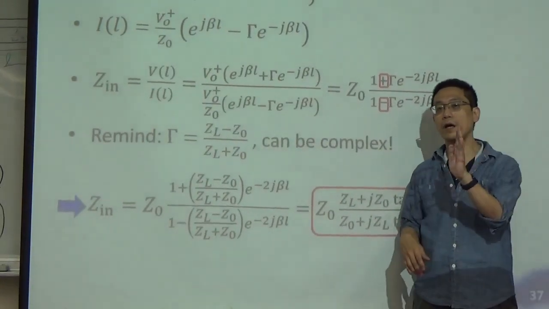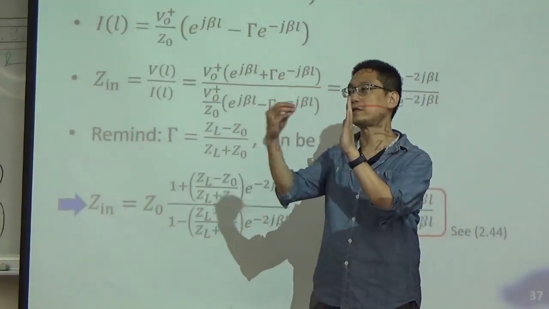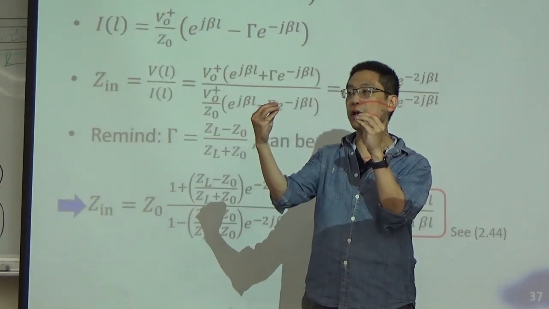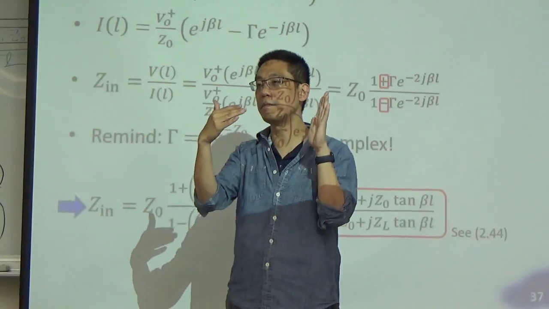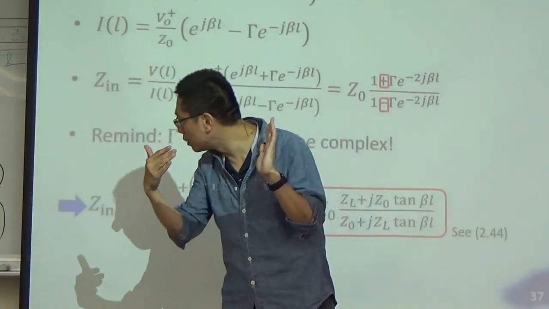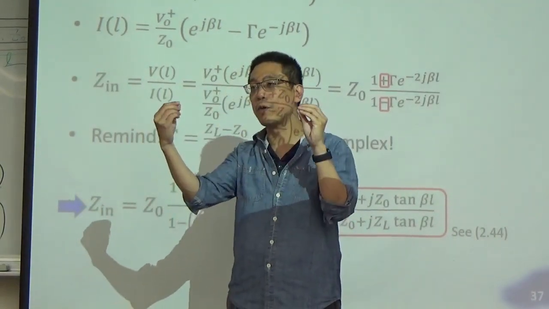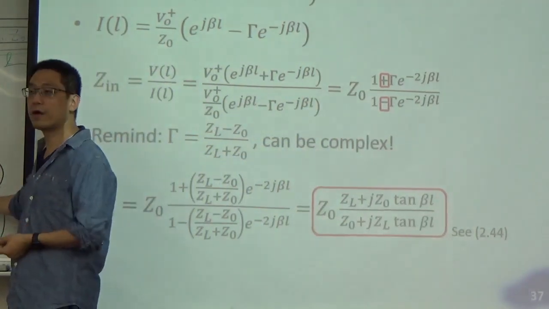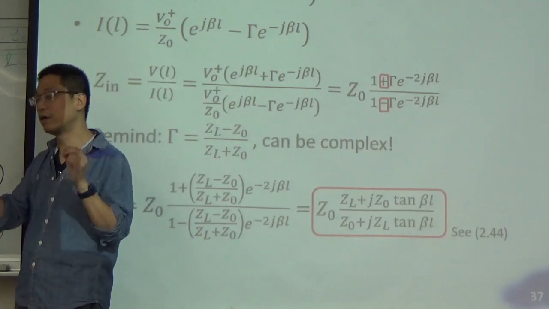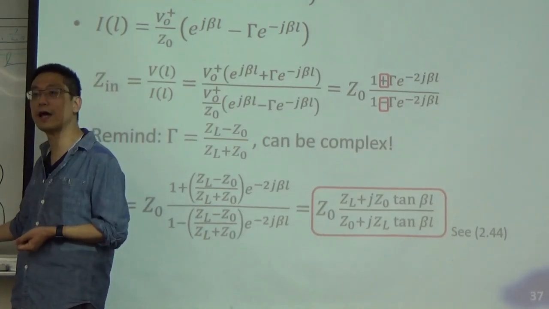So what happens if you connect your transmission line to a short, to an open, to a matched load, or if the wavelength of the transmission line makes it a quarter wave transmission line or a half wave transmission line?